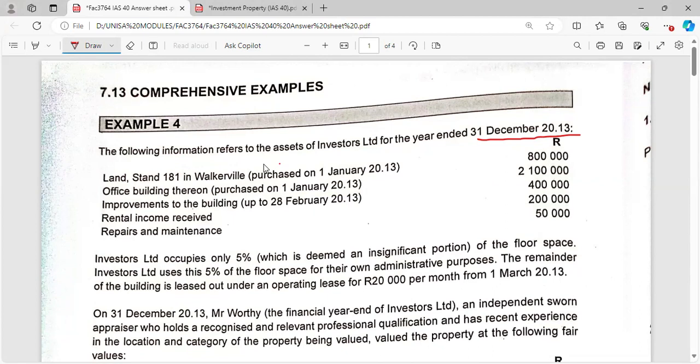There is land purchased on 1 January 2013, 800,000. Right, there is also an office building.